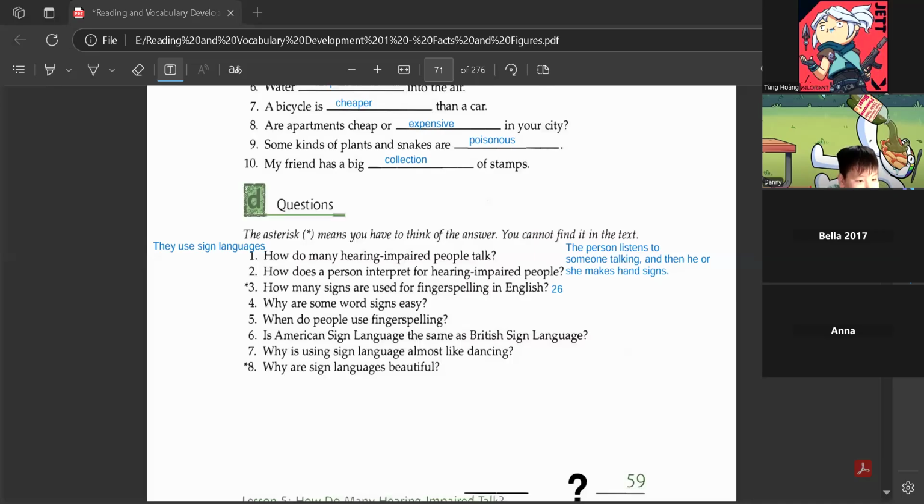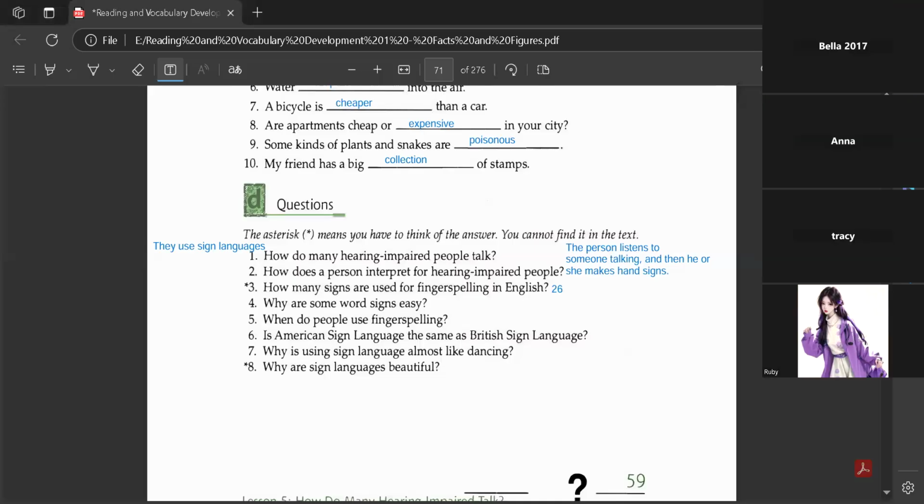Is Ruby there? Okay, let's move on. So Bella, number 4. Yes, okay. Why are some word signs easy?